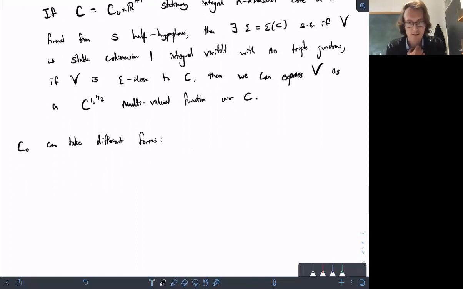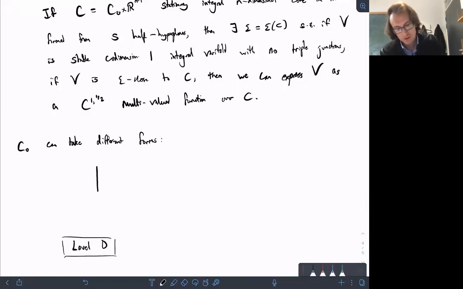And so there are 3 different cases, which I refer to as different levels in the paper at least. So the first case is called level 0. And it's when the cone C0 comprises 5 multiplicity 1 half lines. So all these multiplicities are 1, so we do have 5 distinct half lines.